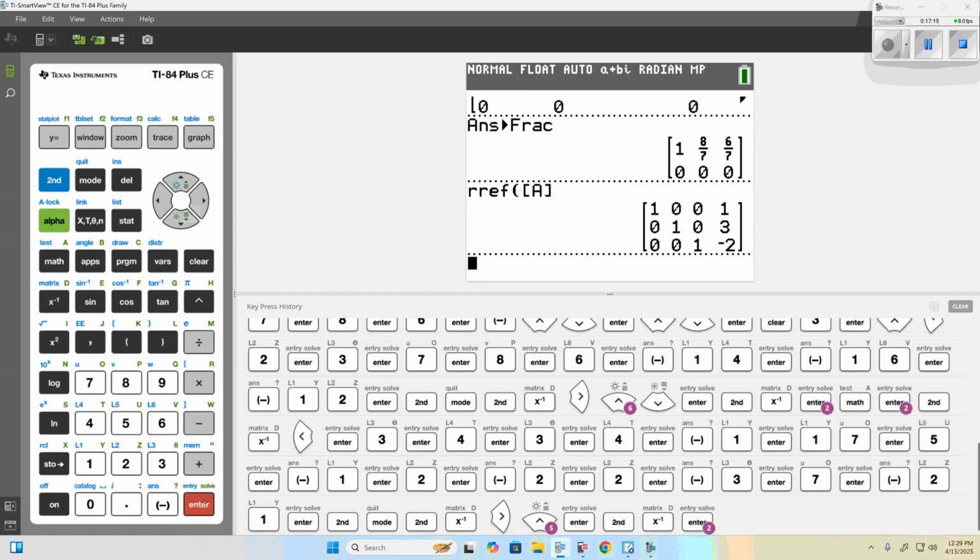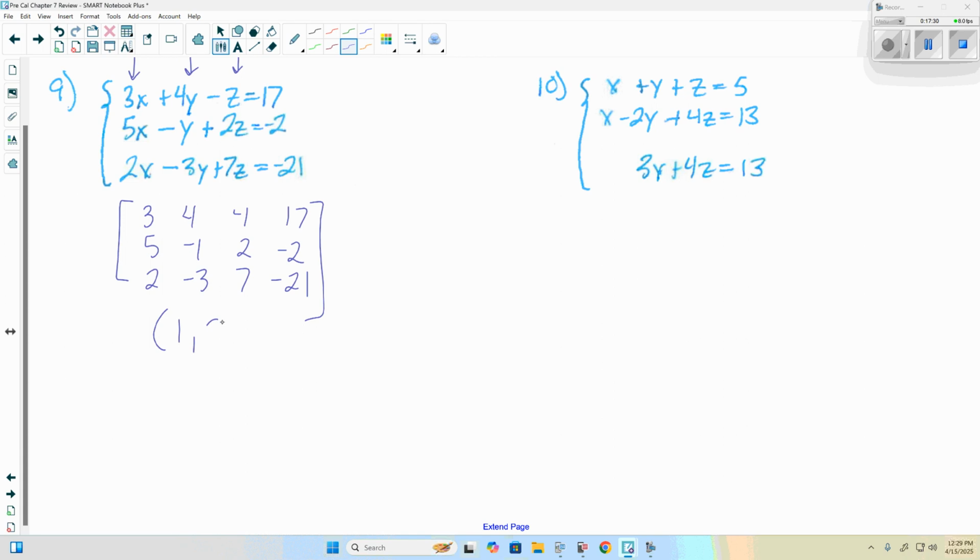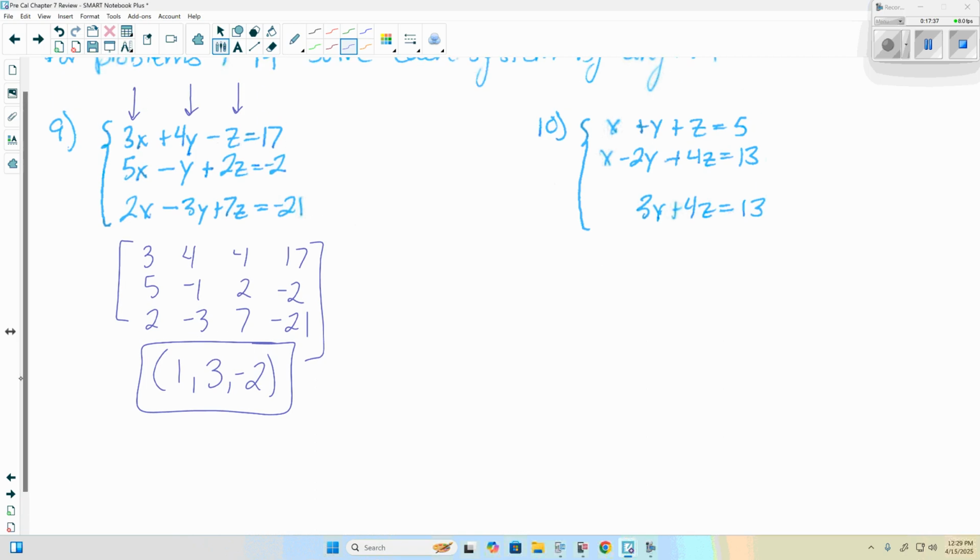And we want to find the RREF, reduced row echelon form of it, which tells us that the matrix is 1, 3, -2, X, Y, Z. And that's it.